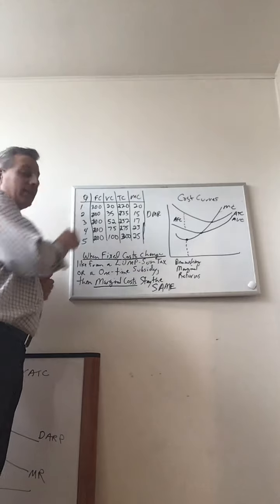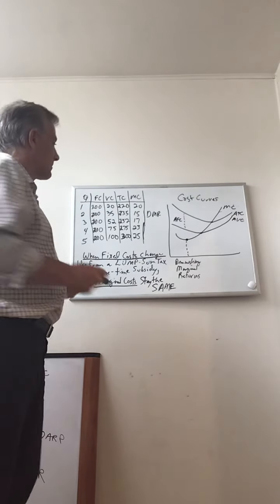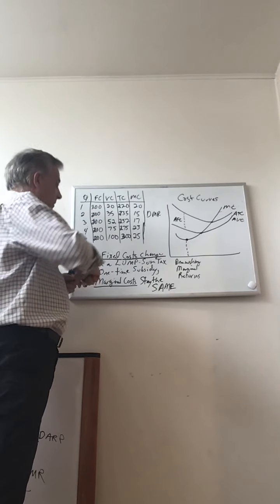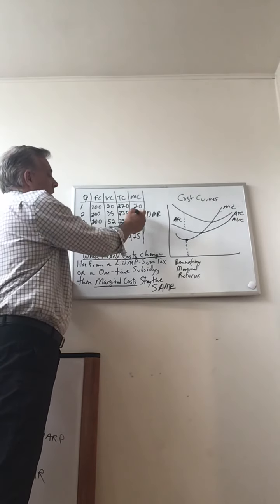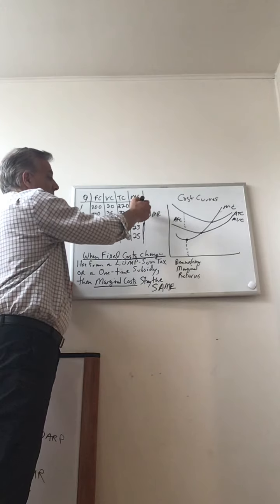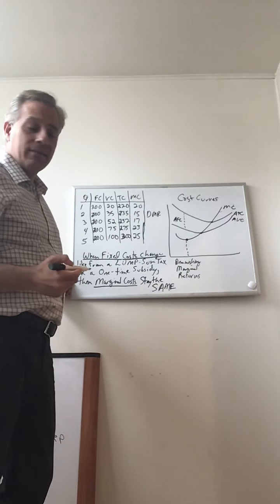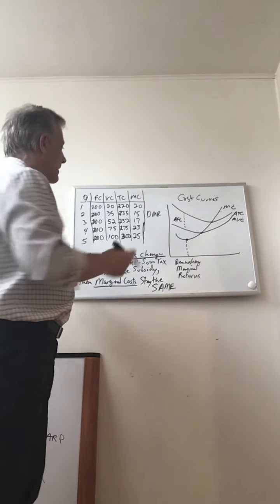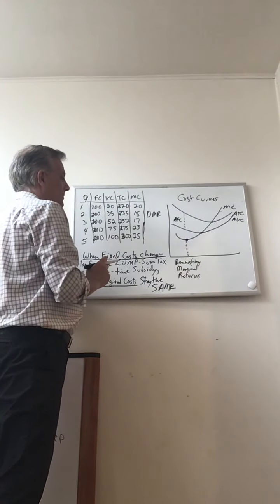Also, they love diminishing marginal returns. Diminishing marginal returns is the point at which marginal cost starts to go up. So we have this brief period of specialization, could be 2, 3, 4, 5, 6, where marginal costs go down.